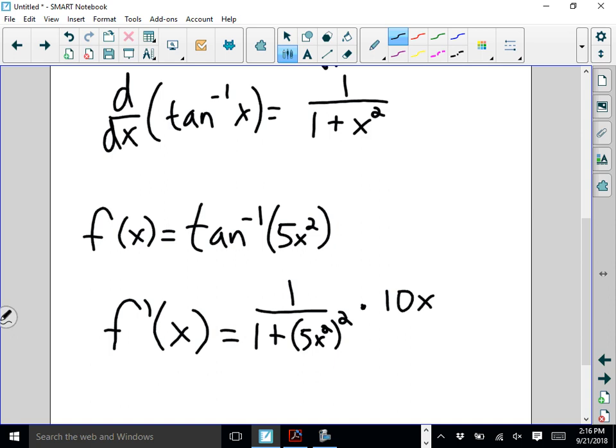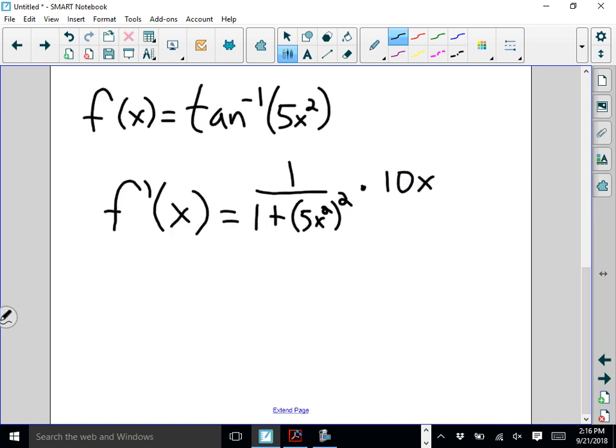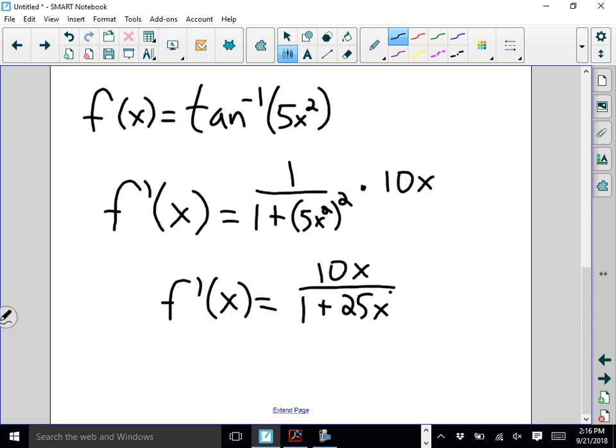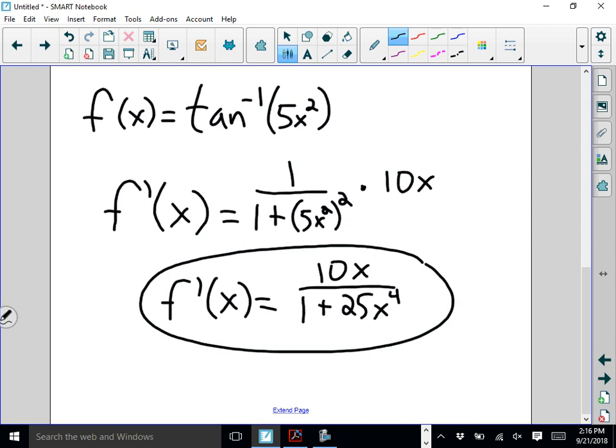Cleaning this up, we can see it looks like this. And there we have it. Our first arctan derivative mixed with the chain rule.